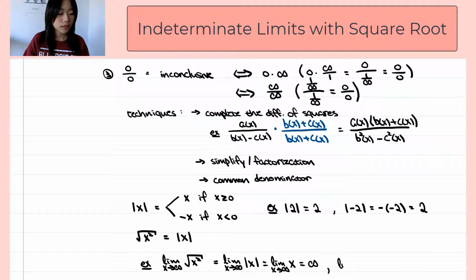However, consider the limit as x approaches negative infinity of square root of x squared. The square root of x squared equals absolute of x, but since in this case x is approaching negative infinity, we need to add a negative sign in front. So this equals the limit as x approaches negative infinity of negative x. We substitute negative infinity into x, and we still get positive infinity.